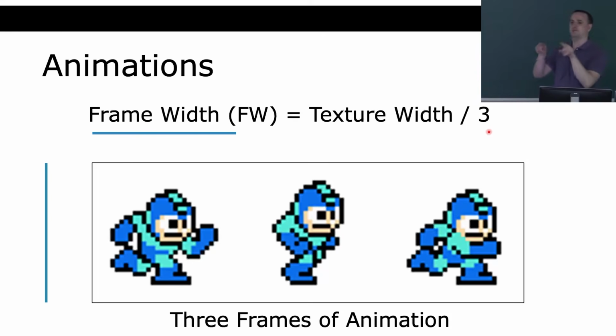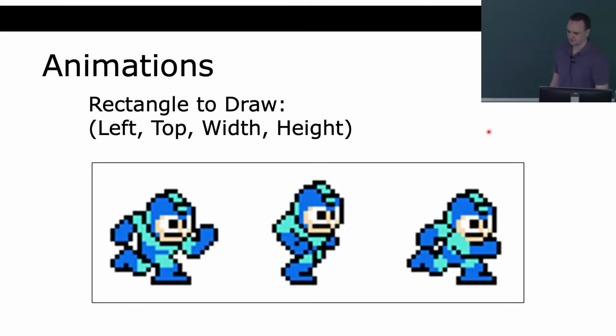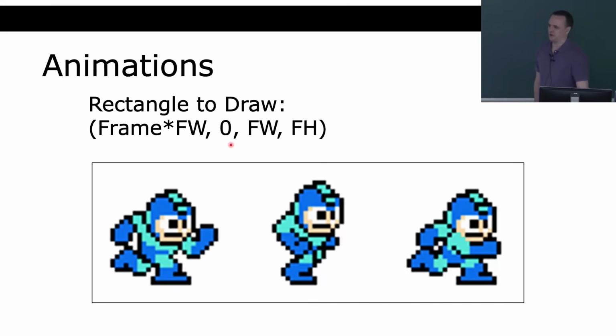When it comes time for you to make animations for your project, you're going to have to specify that as well. The rectangle that I want to draw has to have the coordinates: the x value of the left, the y value of the top, the width, and the height. Luckily, the y value of where we want our rectangle to start is always going to be 0, because all of our animations just go across like that.